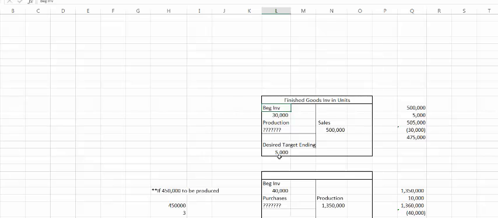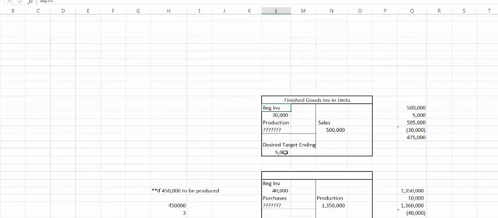Here's the desired or target ending inventory for the year. And here's the number of units we plan to sell. So you guys know how this works. Beginning inventory plus production gives us the total quantity available for sale. And we can subtract sales from it in order to get ending inventory.